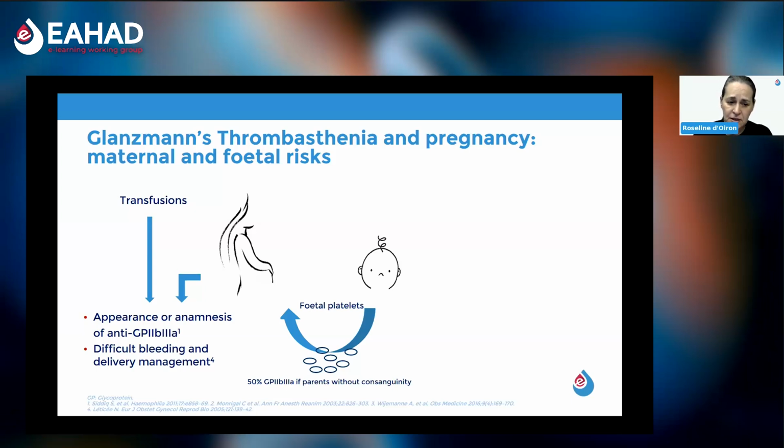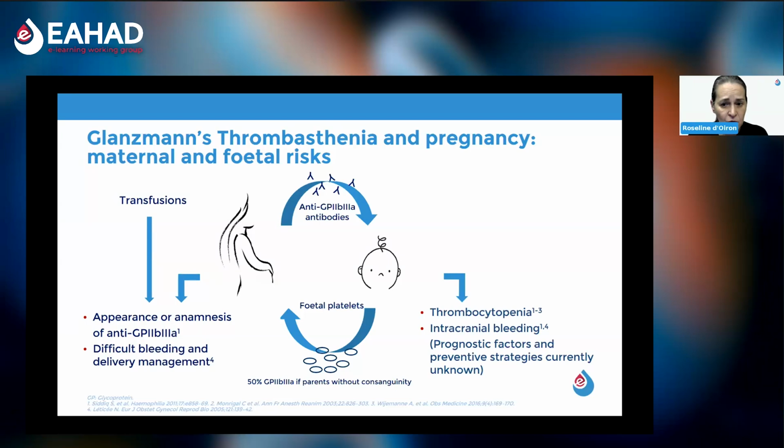And that might be the origin of either the appearance or the increase of the anti-IIb/IIIa antibodies for the mother. And this will make the management of the delivery much more difficult for these women.